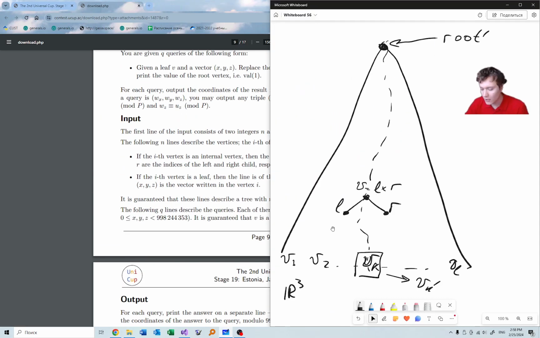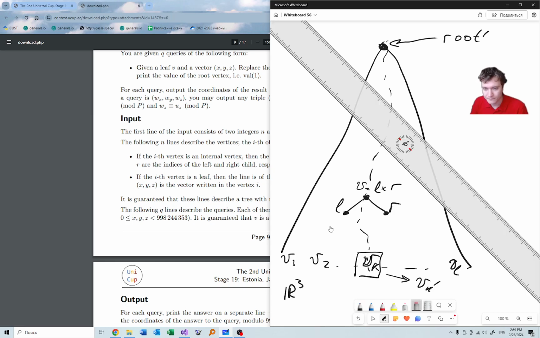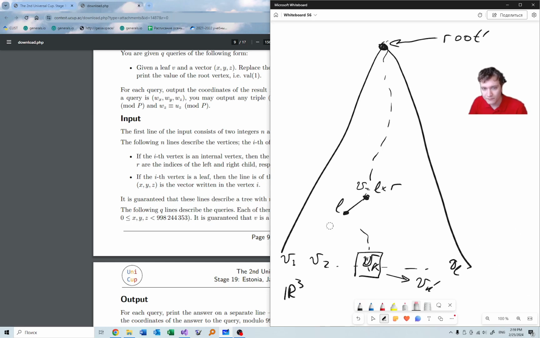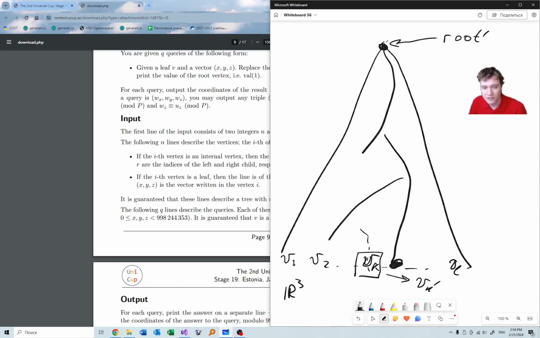Well, how do we solve this problem? Let's represent our tree as a disjoint union of several paths.